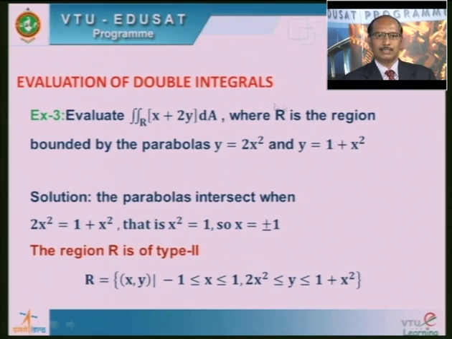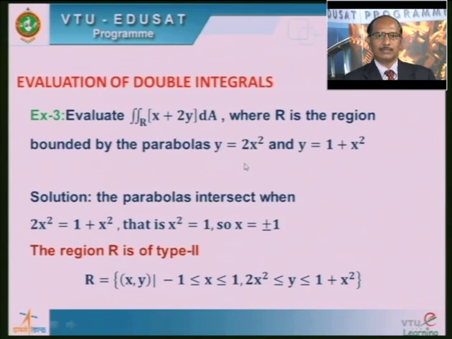You can convert this using these two curves. You find out the x limits are constants and the y limits are already given, 2x square and 1 plus x square. So what are the x limits you calculate? That becomes the type 2 region. One can also do type 3 in this problem. So you consider type 2 here.